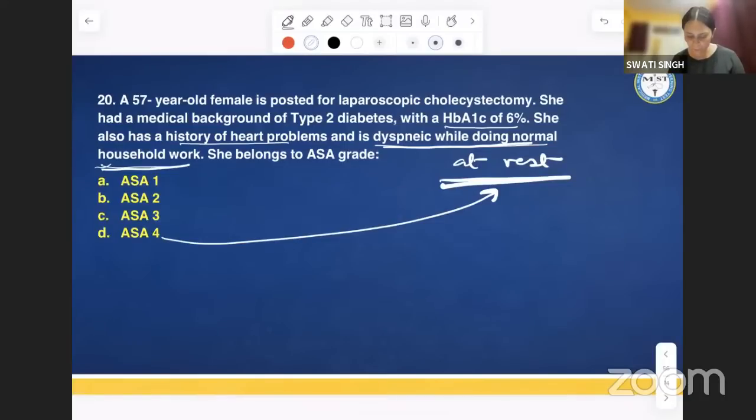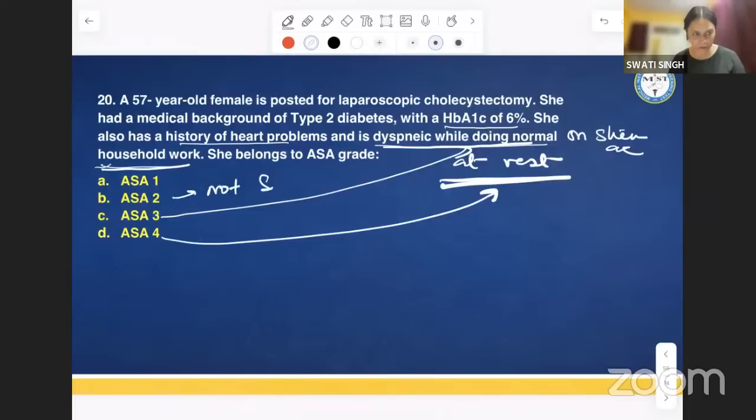Dyspneic on normal household work, 3. Dyspneic on strenuous activity, then also the answer is 3. Patient is not symptomatic, just has heart disease but well controlled, 2. And patient having no heart disease, no comorbidity, 1.